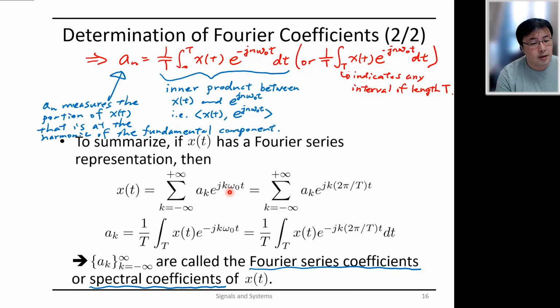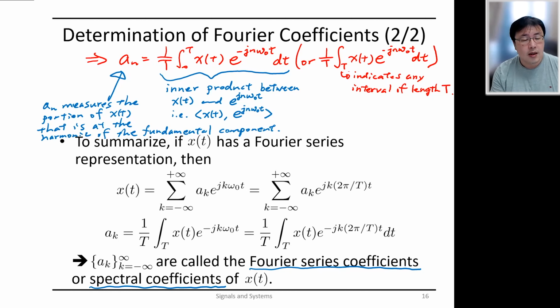All right. So let's look at a few examples. What we gave here is a general expression for finding the linear combining coefficients, or the Fourier series coefficients, given the periodic signal x of t.